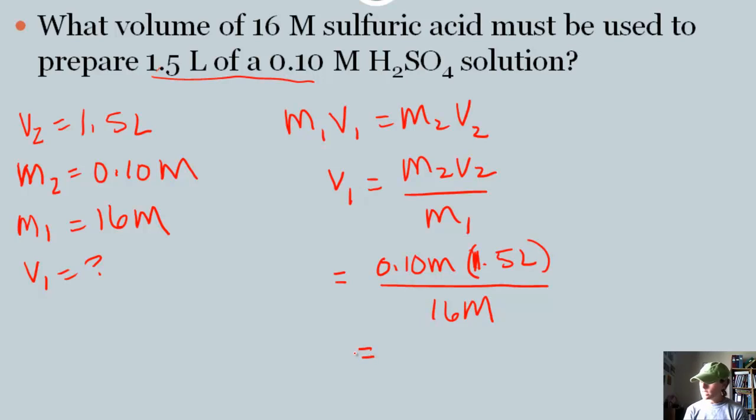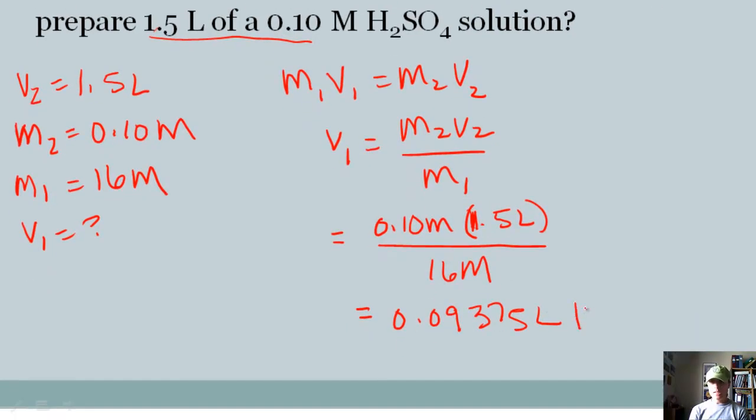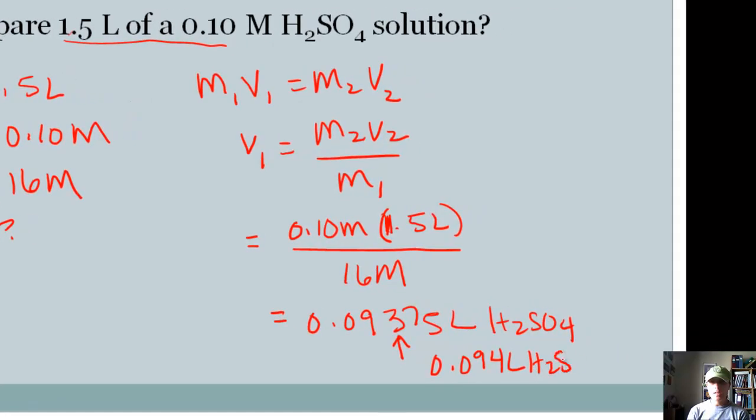And I've already calculated this out, and we should get 0.09375 liters of our concentrated H2SO4, which makes sense because we're going from 16 molar to 0.1 molar. We're not going to be adding very much concentrated acid. It's a very small amount. Okay, let's look at our significant figures. We have 2, and so that gives us 0.094 liters of H2SO4.